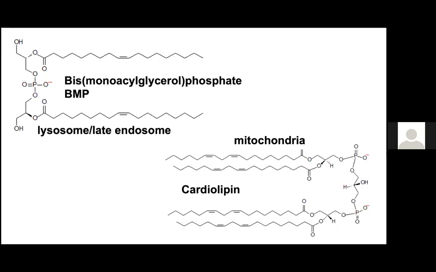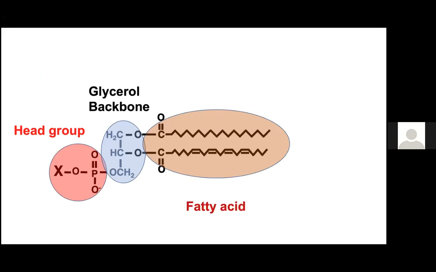Thus, there are some exceptions to this formula, but the major glycerophospholipids detected in the cells are composed of three parts: polar head group, glycerol backbone, and two fatty acid moieties.